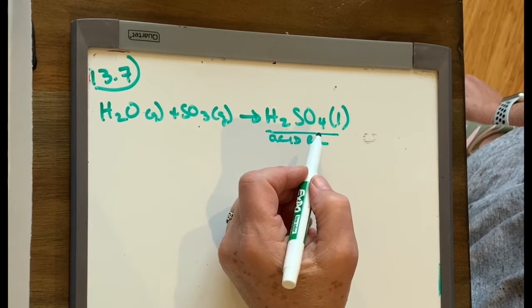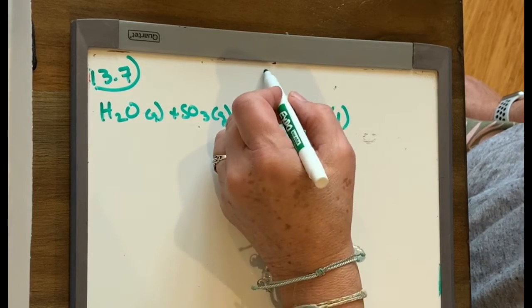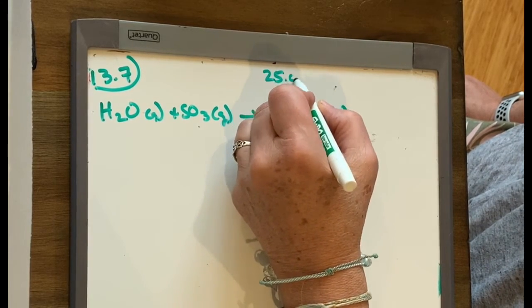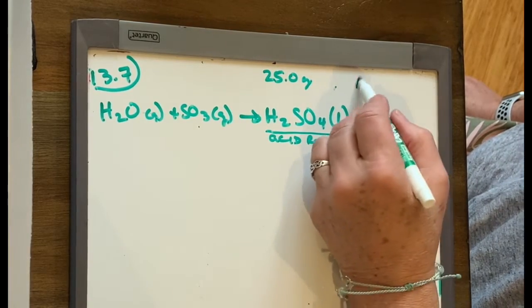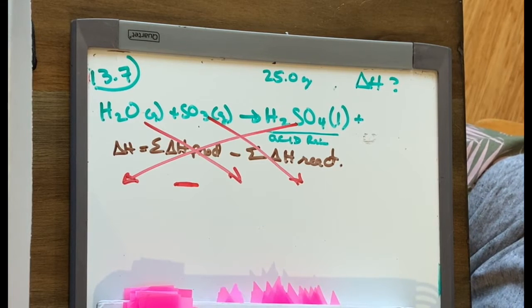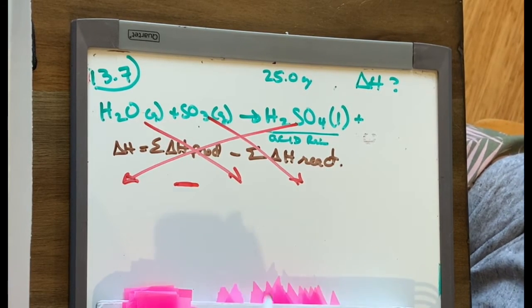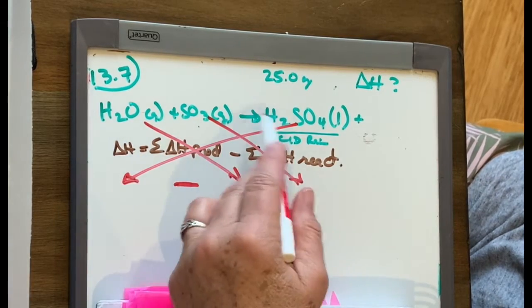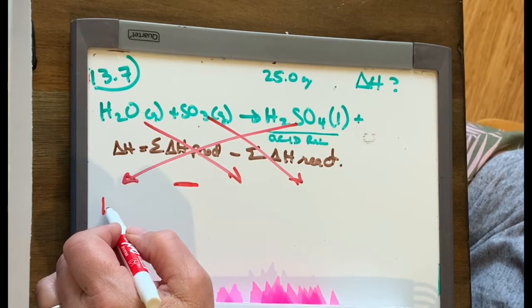How much energy is produced when 25 grams of H2SO4 are produced in this way? And we want to know what is the delta H. Numbers here: H2SO4, as long as it's a liquid, is negative 814, and there's no stoichiometric coefficient.